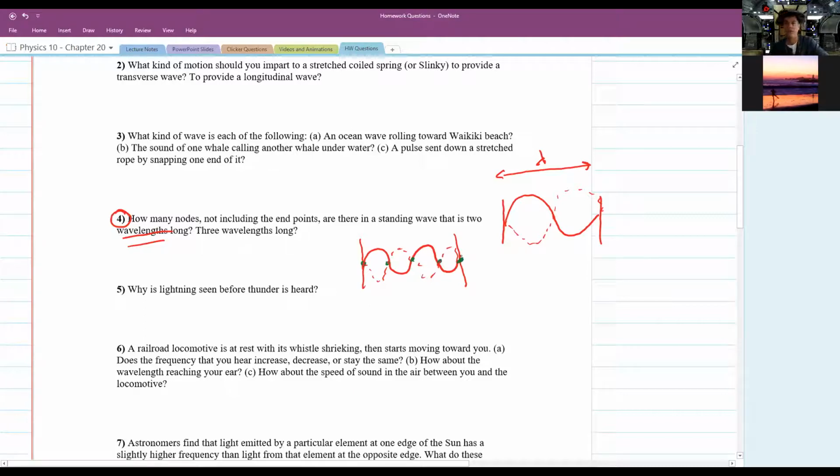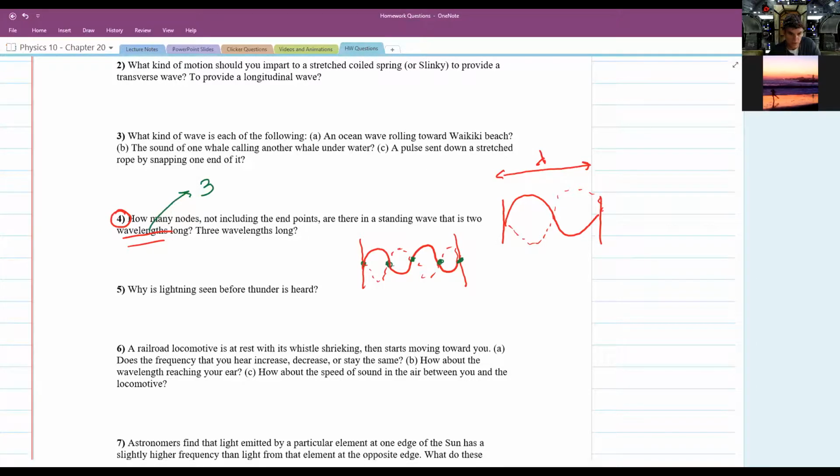That's how many nodes there would be if I was including the endpoints. But in this case, they said not including the endpoints, so the answer would be 3. I've got 1 here, 1 here, 1 here. And then how about for 3 wavelengths long? I'm going to let you think about that one.